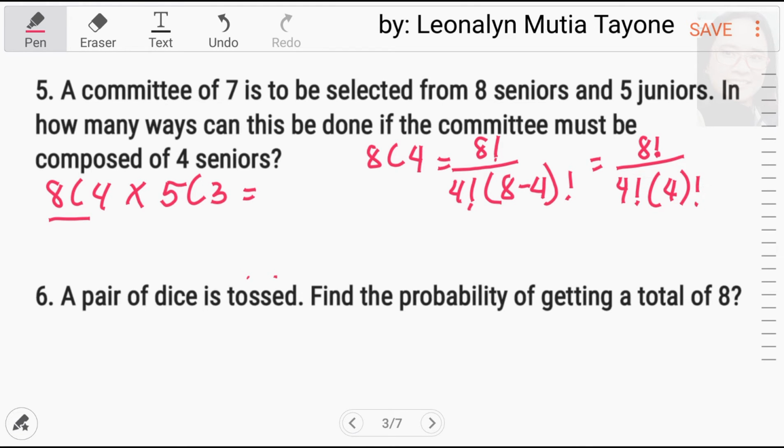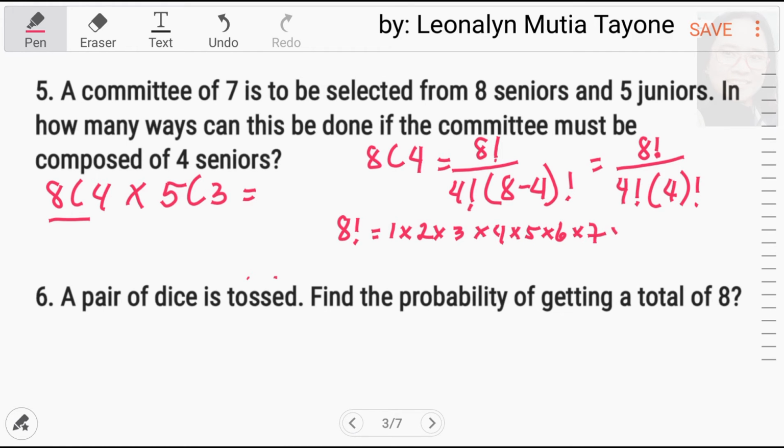factorial of 4. Kapag sinabing factorial of 8, isa-isahin natin ha. Factorial of 8, ang ibig sabihin niyan, 1 times 2 times 3 times 4 times 5 times 6 times 7 times 8 over yung factorial of 4, that is 1 times 2 times 3 times 4.